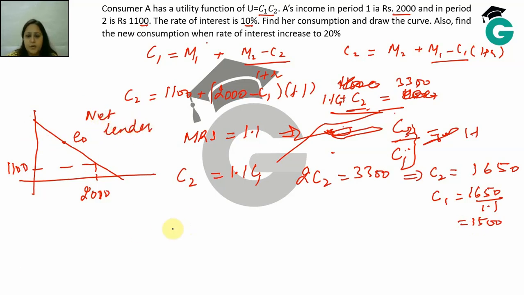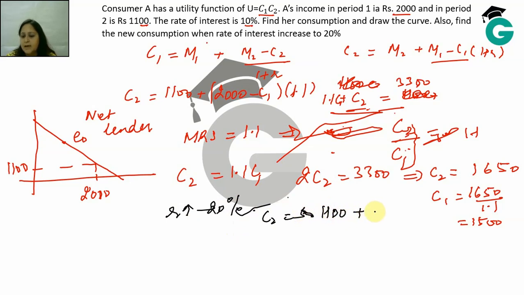lender. Now let's do it when rate of interest increases to 20%. Then what happens? When rate of interest increases to 20%, then I get C2 is equal to M2, which is 1100, plus M1 minus C1 into 1.2.